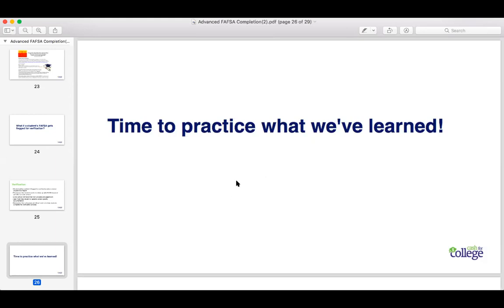Okay, so the correct answer would actually be separated. If you look at the actual question on the FAFSA, it does say, as of today, what is your parents' marital status? So as of that day, if they are separated, then you would list separated.